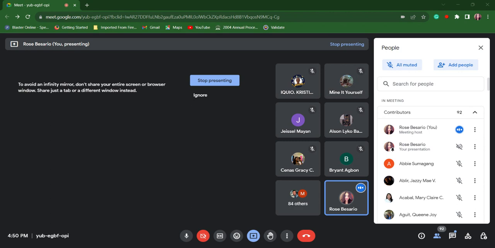Depreciation expense, buildings, 73. Then, depreciation expense, equipment, 218. Then, you credit accumulated depreciation.